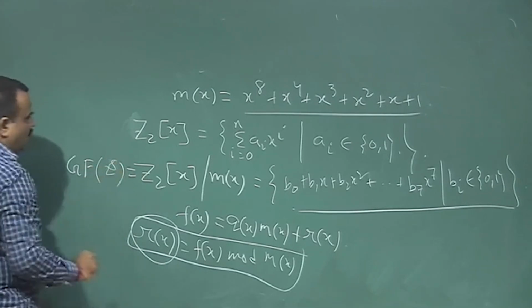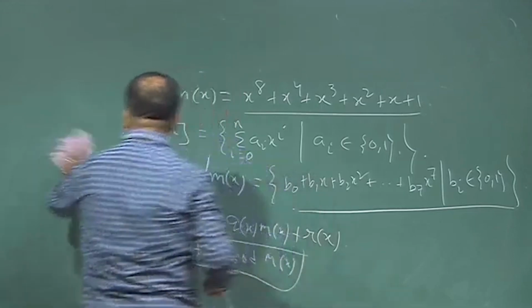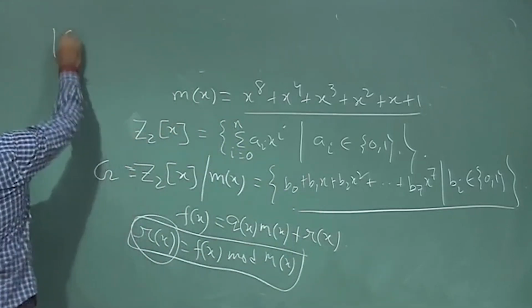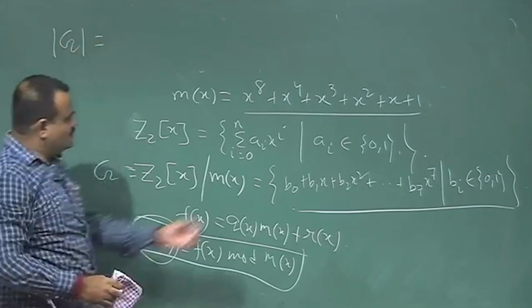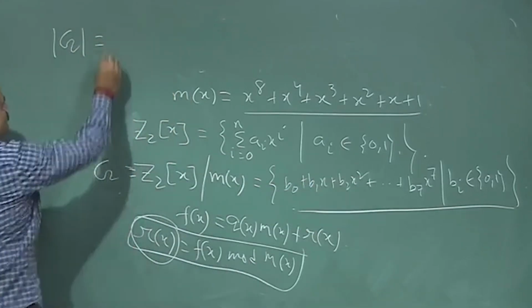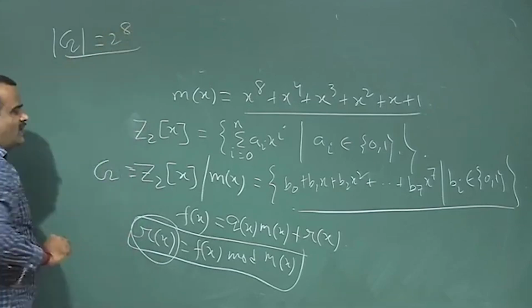What is the number of elements? If this is the set G, what is the cardinality of G? It is all possible values of the bi's, so there are two possibilities for each, 2 to the power 8. So, this is a finite set.